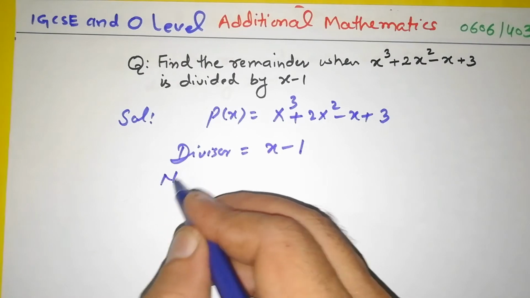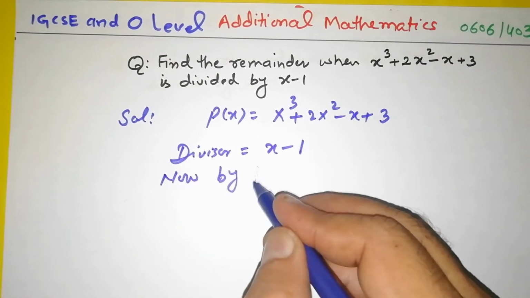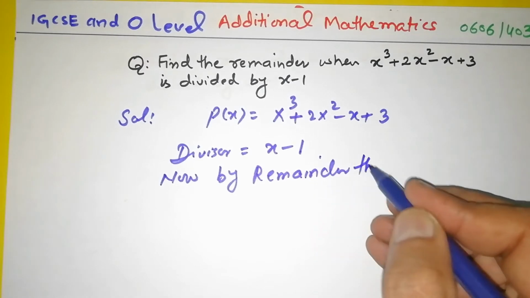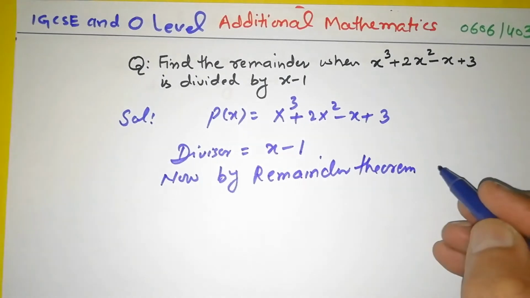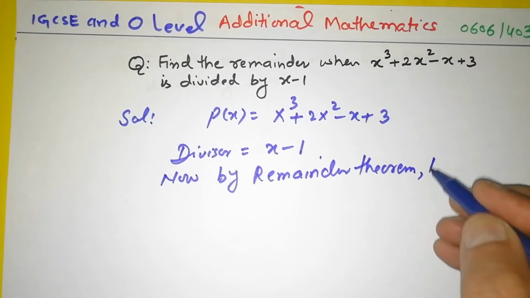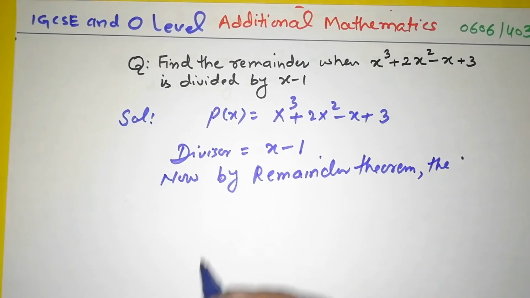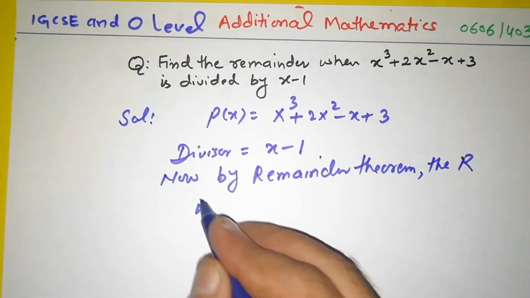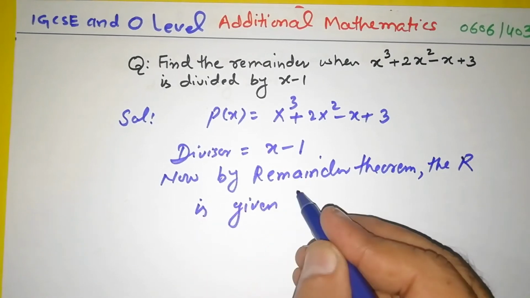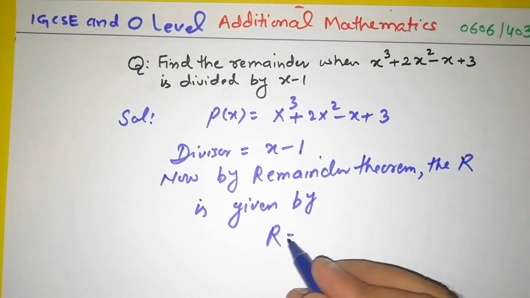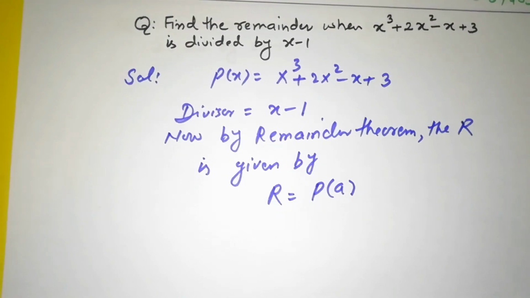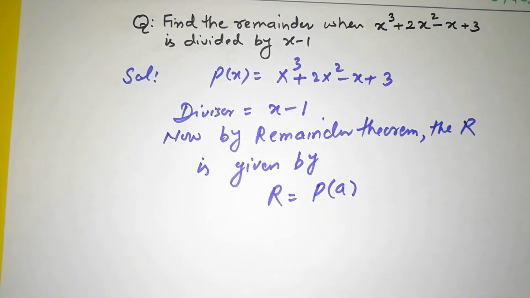Now by the remainder theorem, the remainder is given by p(a), the value of the polynomial at point a.